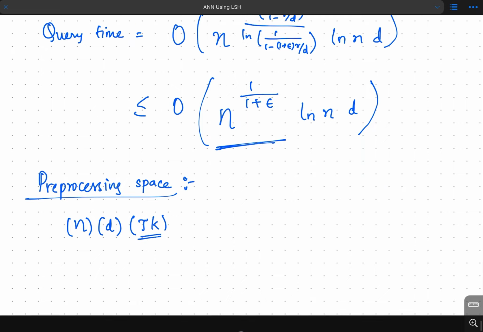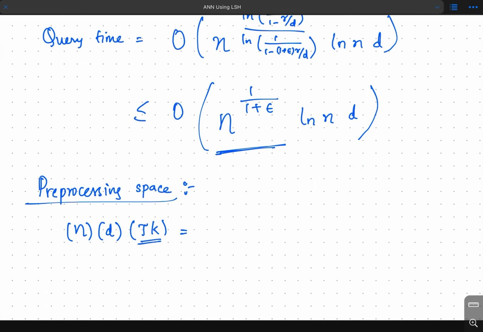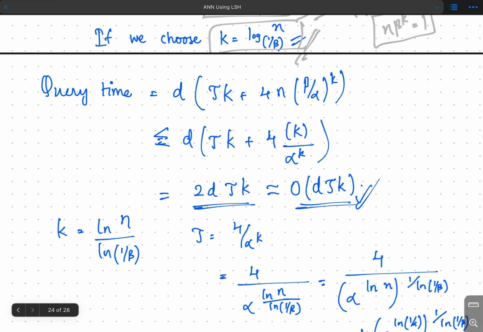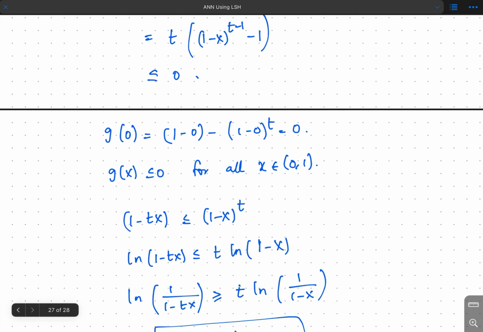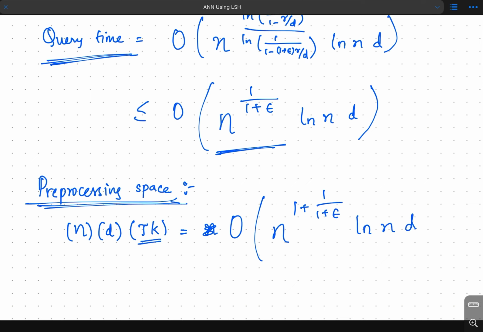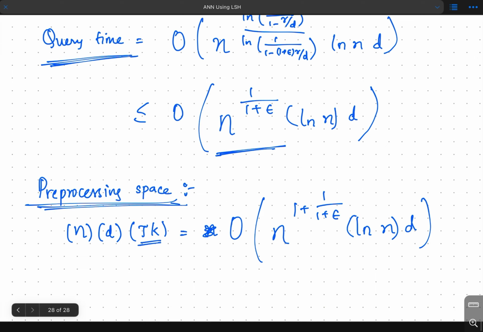Each matrix has size tau times k, so this will be equal to n d tau k. But if you see, the query time is of the same order, except that n is not there. So for the pre-processing space, we have to multiply query time with n. So this will be O of n power 1 plus 1 by (1 plus epsilon) times ln n times d. Okay, so that's the result that we have.